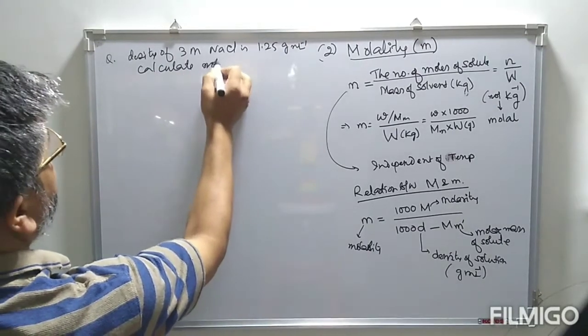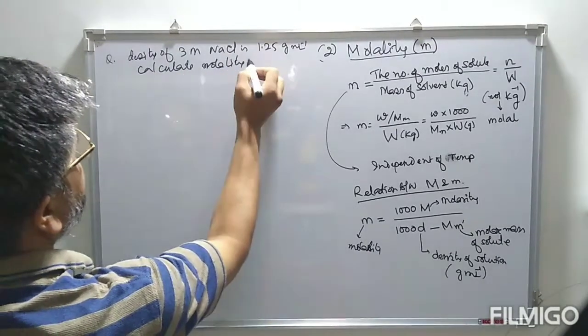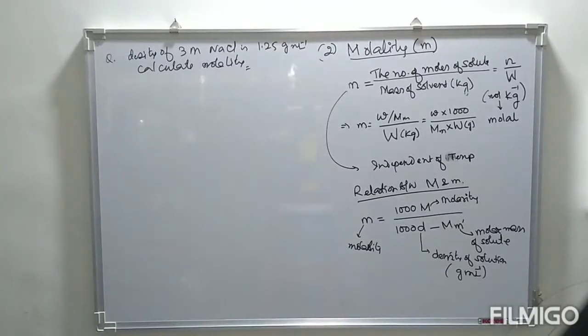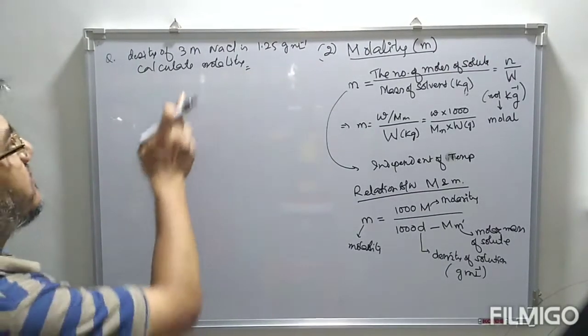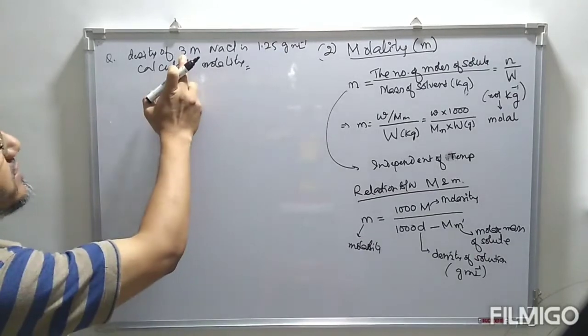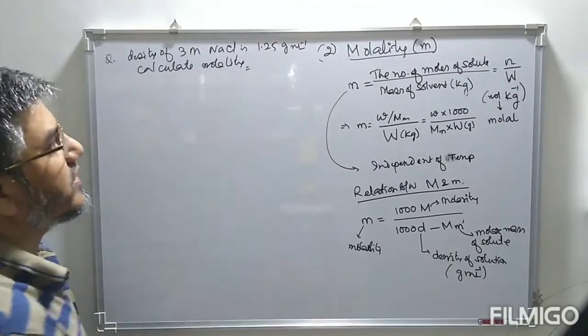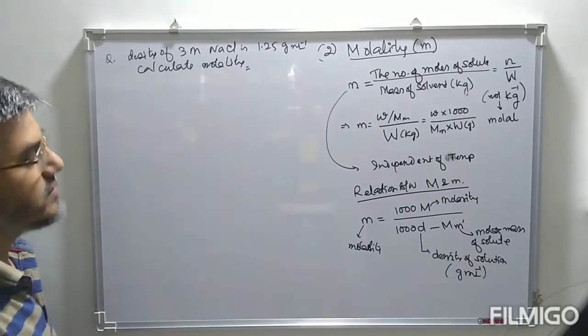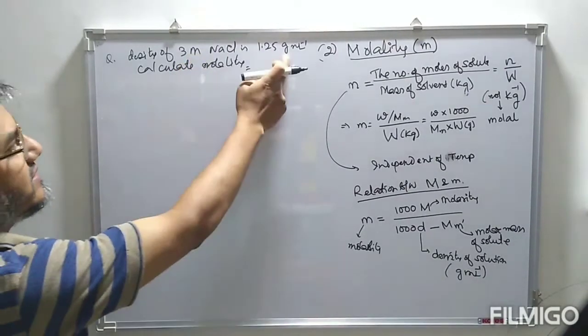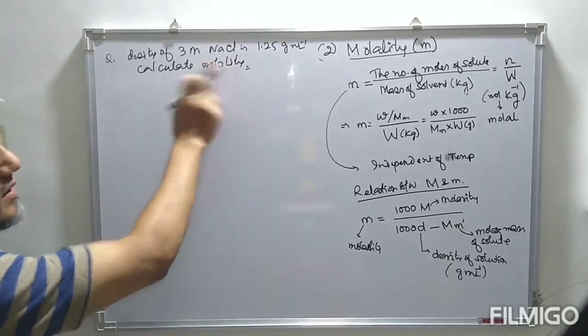Calculate the molality of the solution. So we have a sample of NaCl whose concentration is expressed as 3 molar. Density of solution is 1.25 gram per ml. Then what is the molality? So we have molarity and density, and we have to find molality.